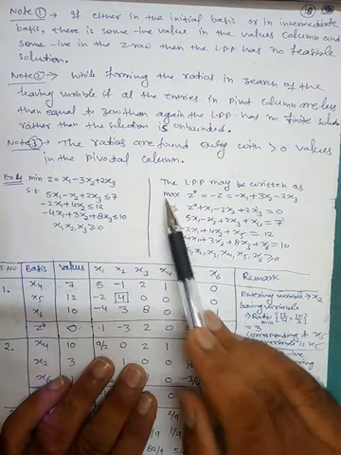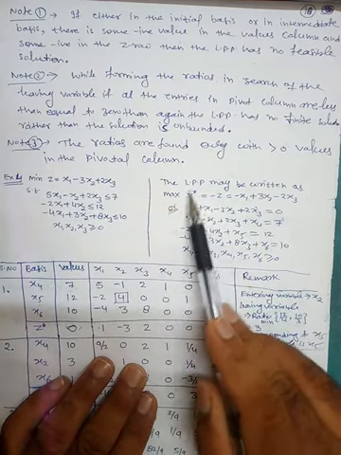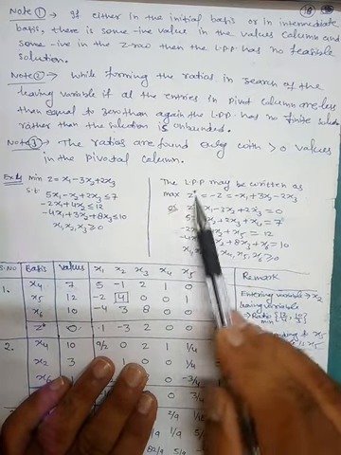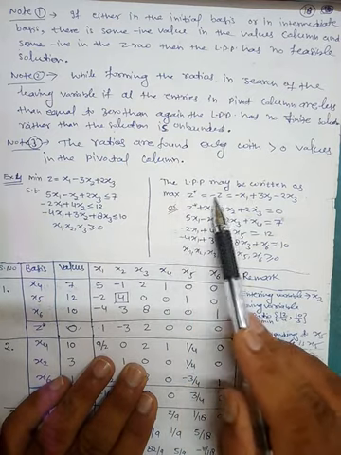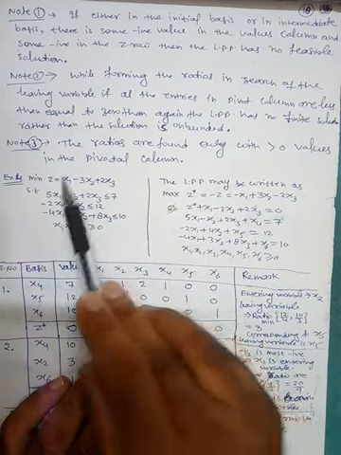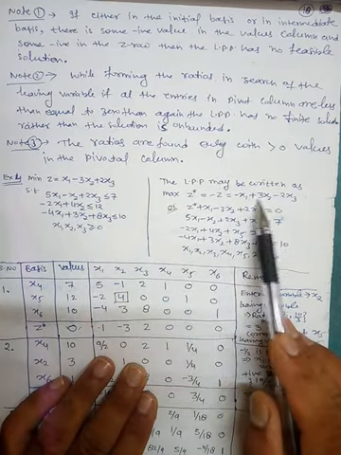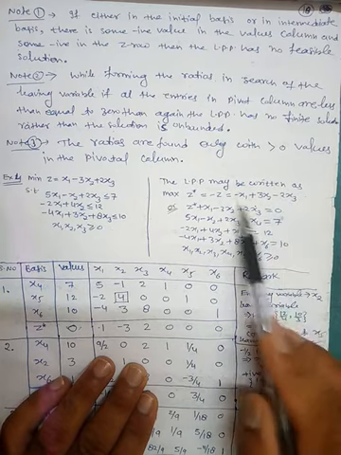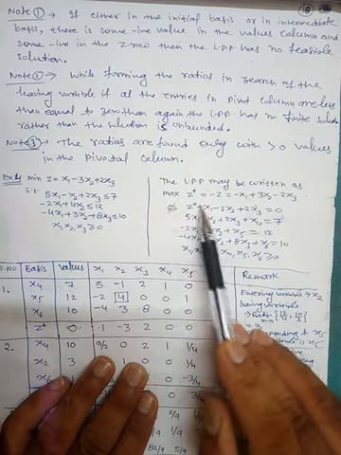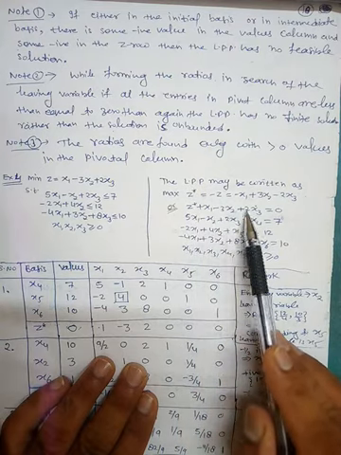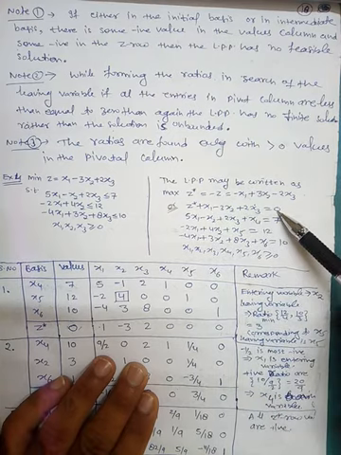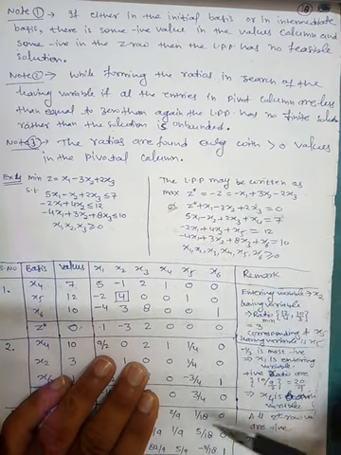So maximum z star, the revised version of z, is nothing but minus z, that is minus x1 plus 3x2 minus 2x3. When I take the right hand side to the left, z star plus x1 minus 3x2 plus 2x3 is equal to 0. So this is our objective function in maximization form.